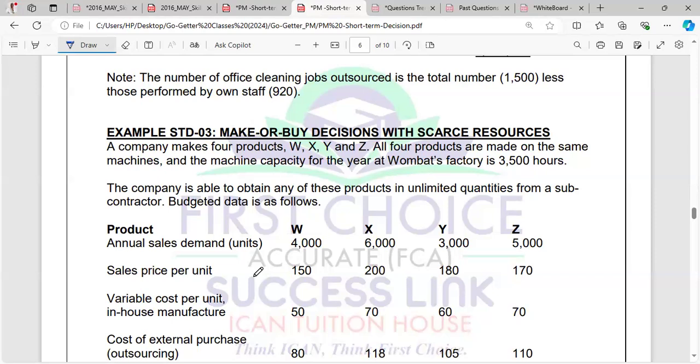So what we do now is we look at the extra cost of subcontracting it out versus the limiting factor that will be saved, or the scarce resource that will be saved. In this case, hours. Hours was the scarce resource. So what is the number of hours that will be saved?